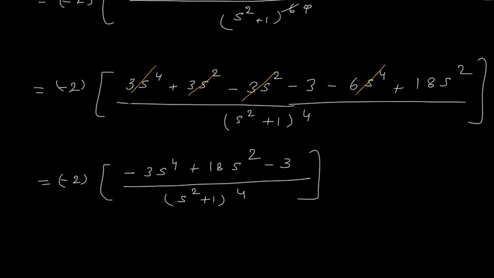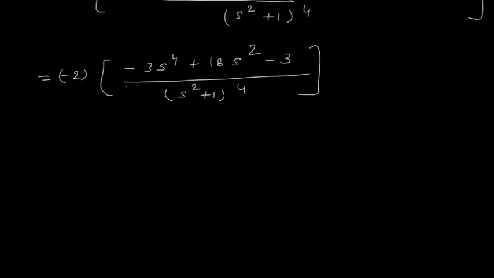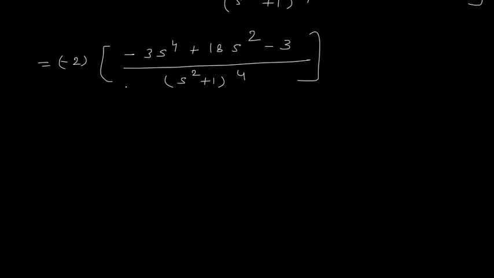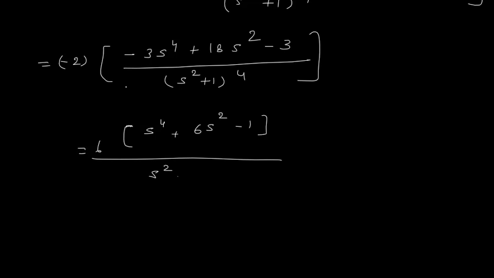Now I will take minus 3 out, so minus 2 into minus 3 is 6, so I will take 6 common, and inside I have now s power 4 plus 3 6 the 18, 6 s square minus 1 upon s square plus 1 the whole power 4.